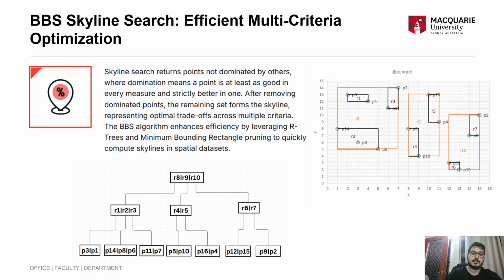And after we remove all the dominated points, the remaining points are the representation of our optimal trade-off between multiple criteria.